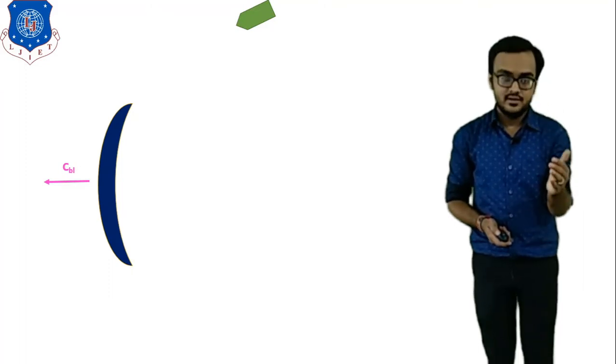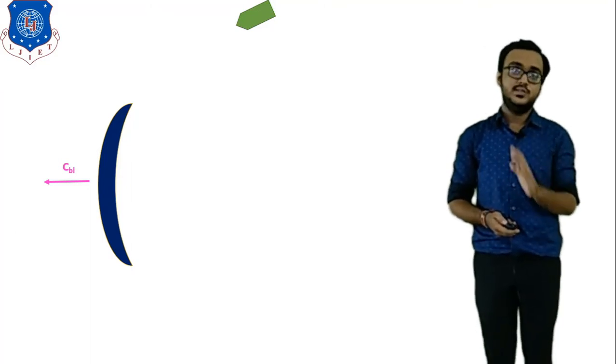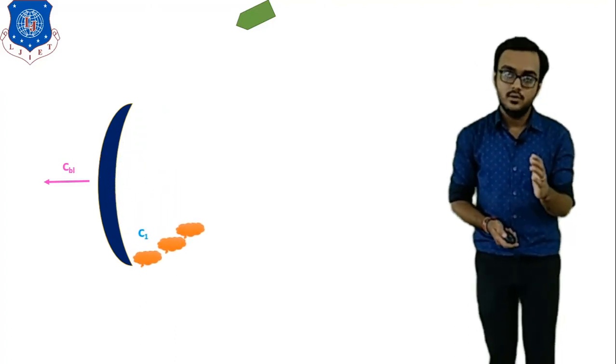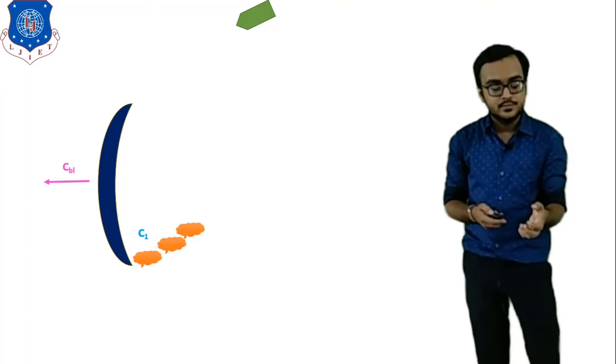Consider we have a nozzle here and one blade here that is moving with the velocity CBL. From the nozzle, the steam is coming out with velocity C1 meters per second, directed toward the blade. As the steam passes over the blade, the steam suffers a change of direction, and because of this the momentum of the steam changes.